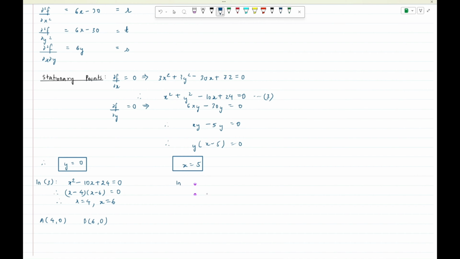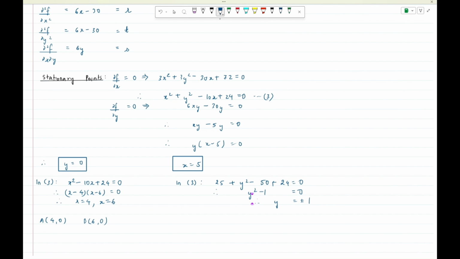And likewise, plugging in the value of x equals to 5 in equation number 3, we are going to get 25 plus y squared minus 50 plus 24 is equal to 0, and this reduces to y squared minus 1 is equal to 0, which gives us that y is equal to plus minus 1.